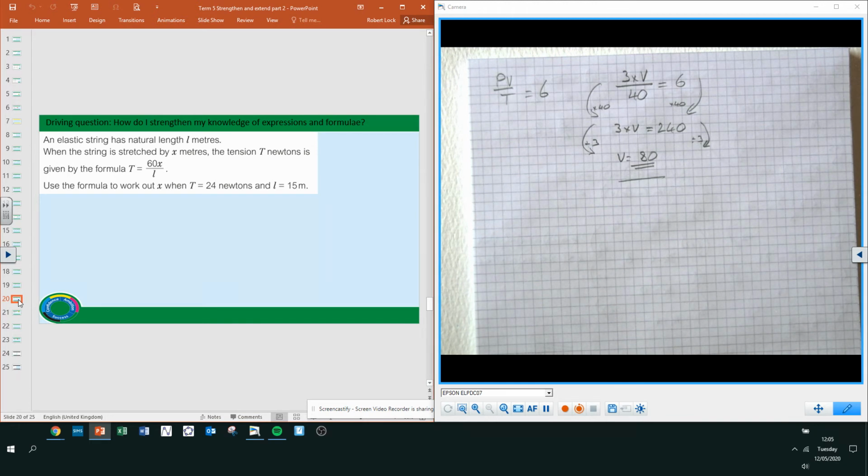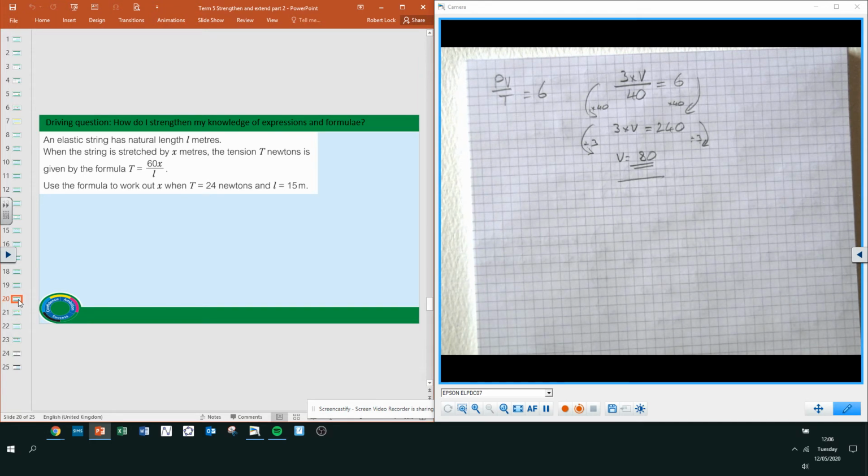When the string is stretched by X meters, the tension T newtons is given by the formula T equals 60X divided by L. Use the formula to work out X when T is 24 newtons and the length is 15 meters. Pause the video. Have a go. When you're ready, press play.